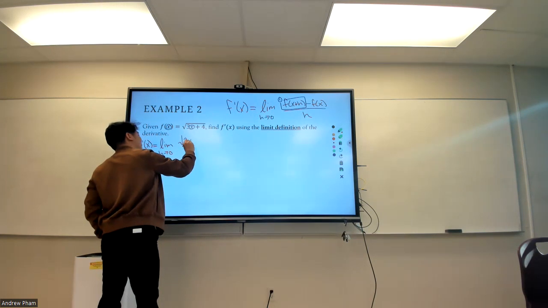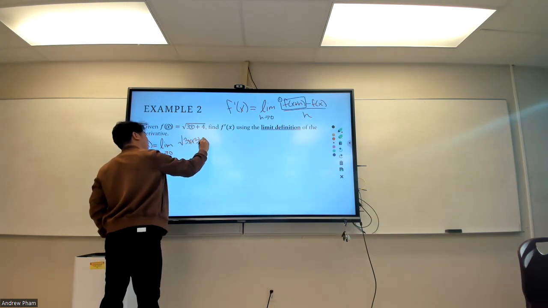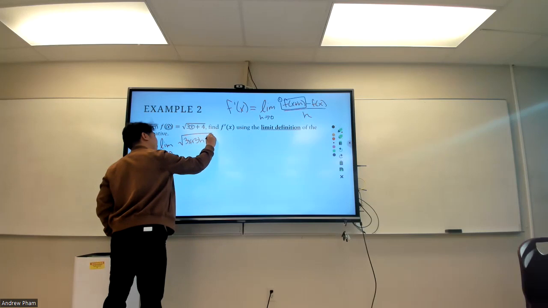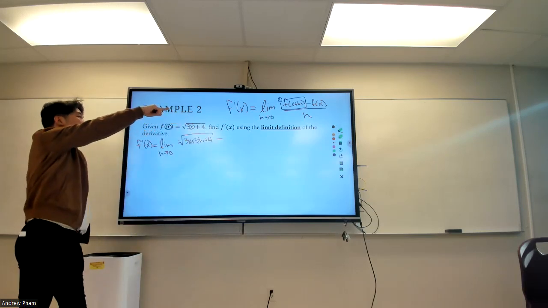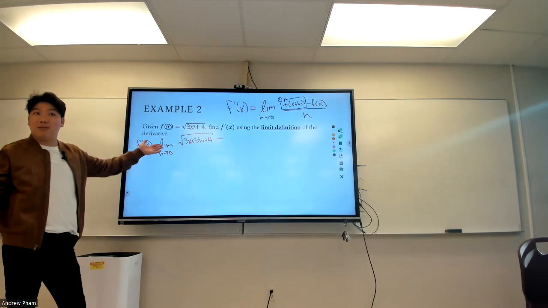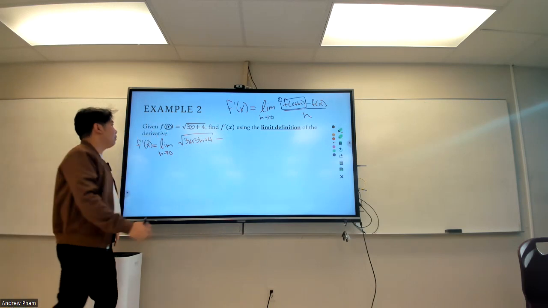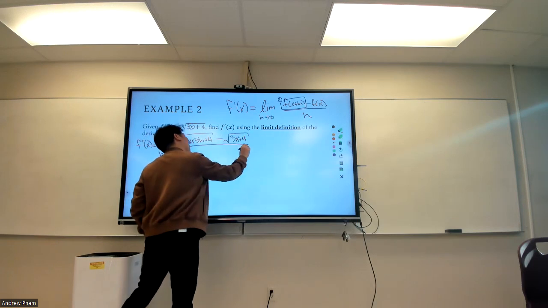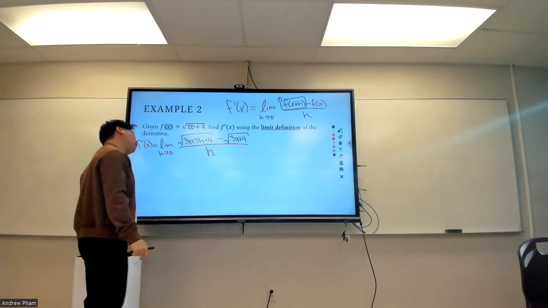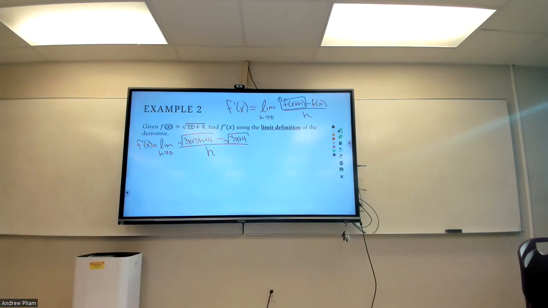Again, that was 3x plus 3h plus 4 minus f of x, but we got f of x. It's already here. Square root of 3x plus 4 all over a deceptively simple h.